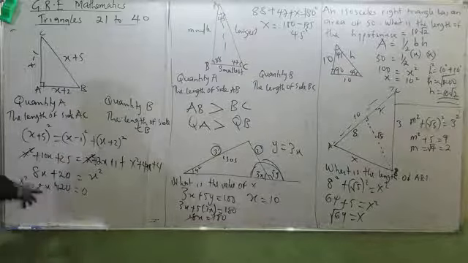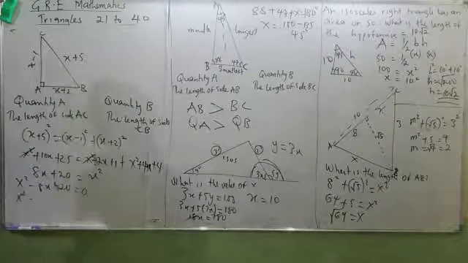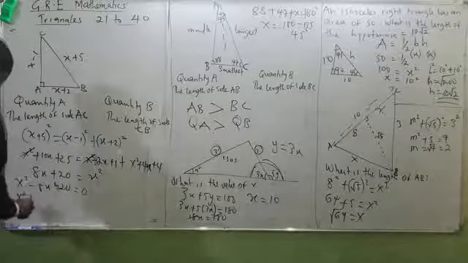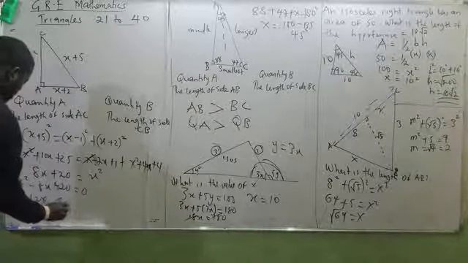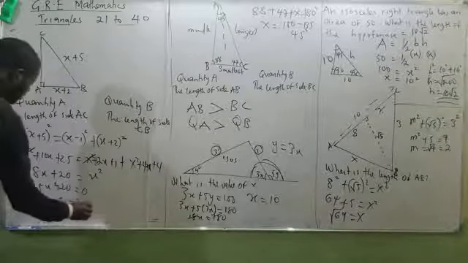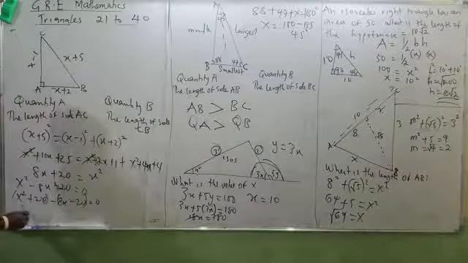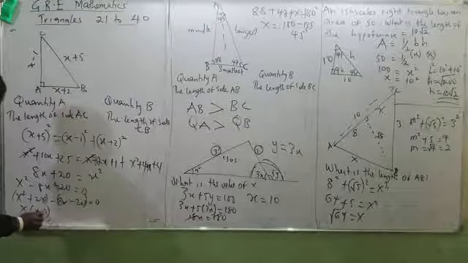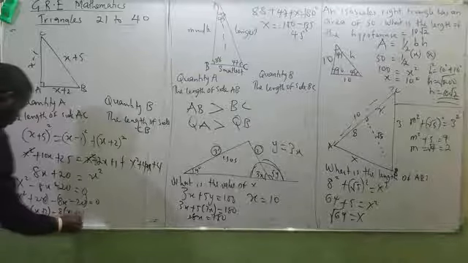So my x squared will be plus 2x minus 10x minus 20 equals 0. It means group into 2: x bracket of x plus 2, and minus 10 bracket of x plus 2.